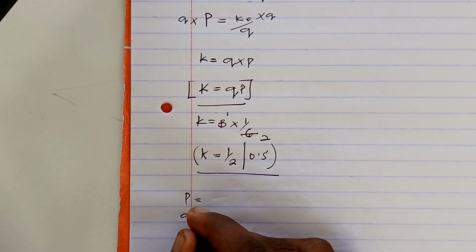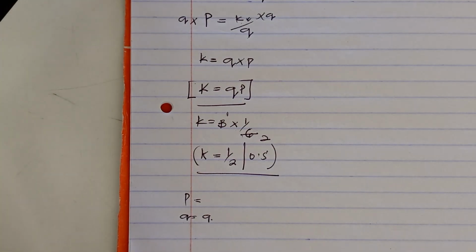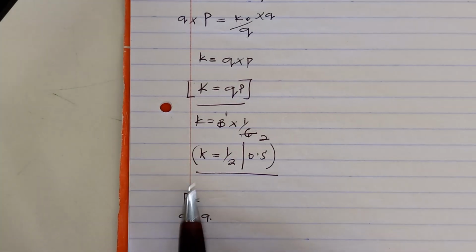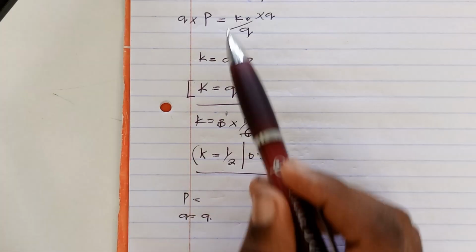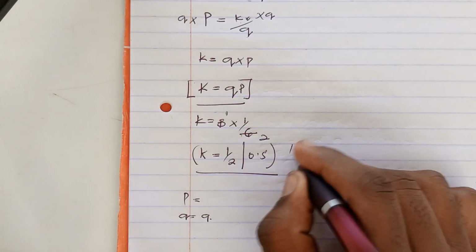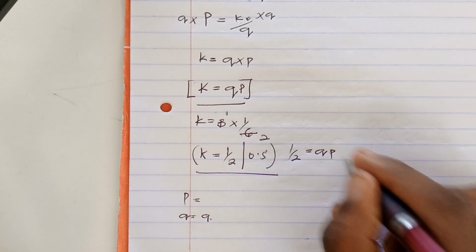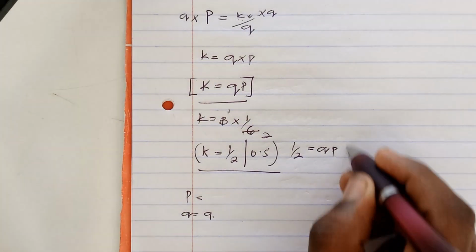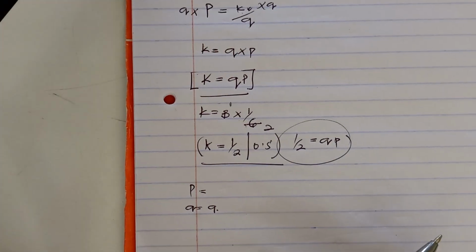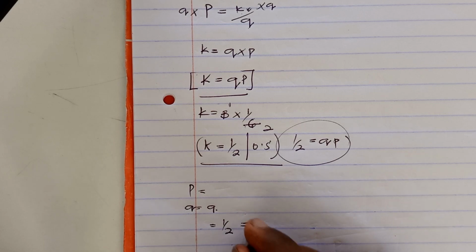How do we go about that? So our formula formed, the expression illustrating the context given above, should be 1 over 2 is equals to QP. So that's the expression connecting those variables. So in this case, I'll have 1 over 2 is equals to 9P.